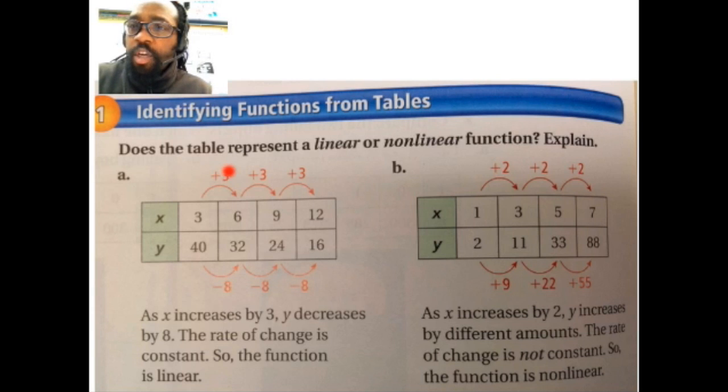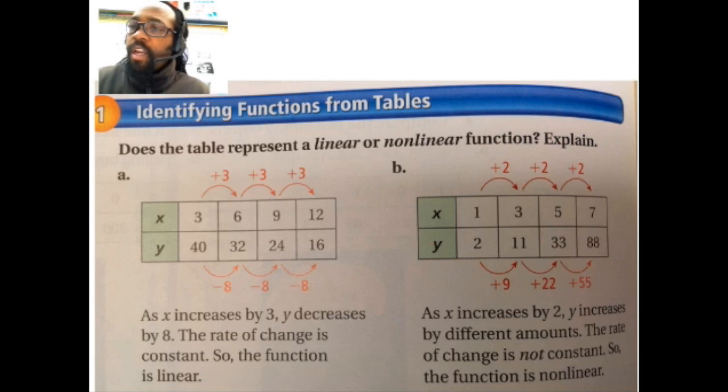So we have a jump of 3, a jump of 3, a jump of 3. On the bottom we have a jump of 8, 8, 8. Look at what it says down here. As x increases by 3, y decreases by 8. So the rate of change is constant. So the function is what? It is linear. Okay? Very good.